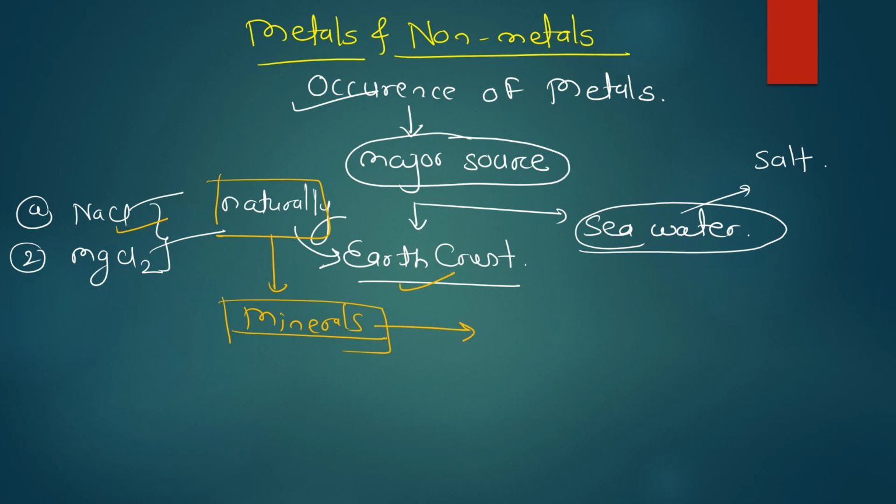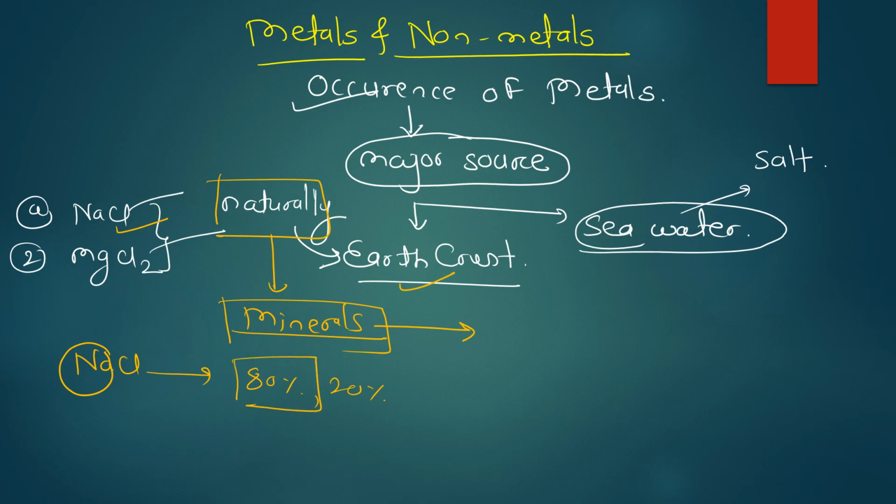But the twist is here. Taking the example of NaCl only, in these minerals only one particular metal is present in high concentration. For example, sodium is suppose 80% in the sodium chloride and the remaining 20% is chlorine.